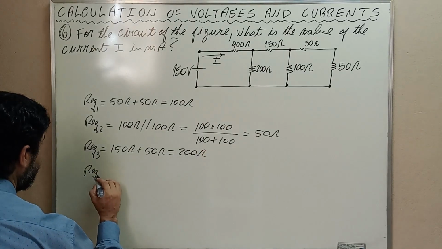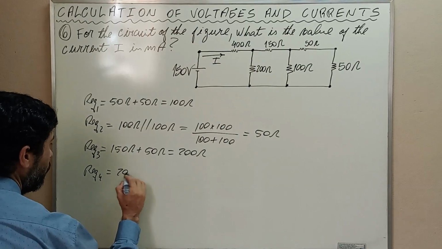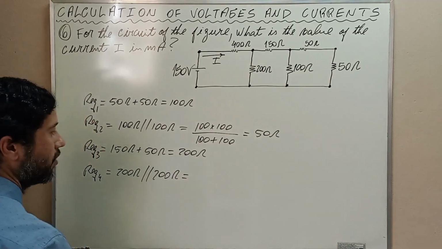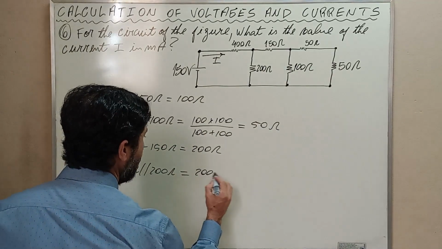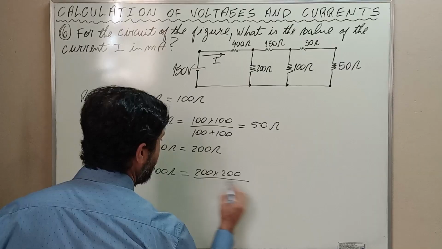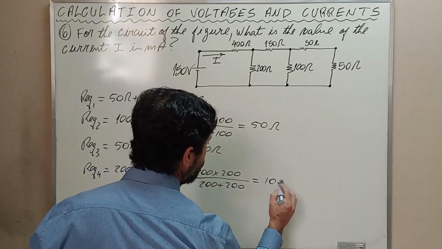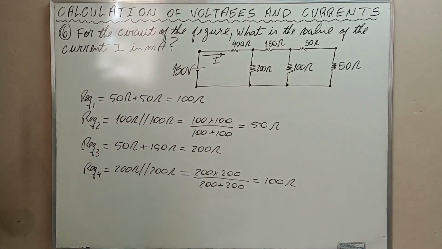Thus, equivalent resistance number 4 is 200 ohms in parallel with 200 ohms, and this is equal to 200 times 200 divided by 200 plus 200, and this is equal to 100 ohms.